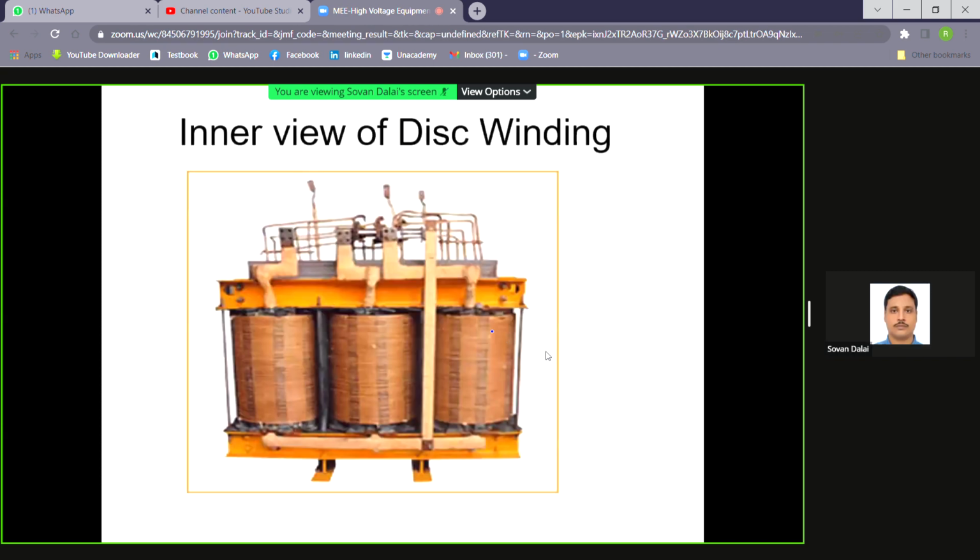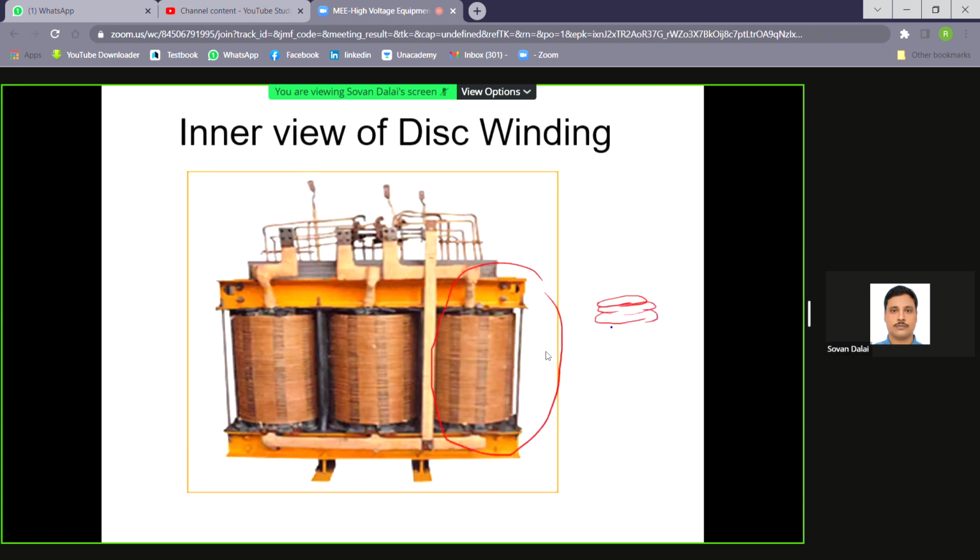Here you can see the winding. This is not a cross section of a three-limb transformer; in a testing transformer only one limb is there. Each limb's winding consists of several discs. This is one layer of winding, this is another layer of winding.